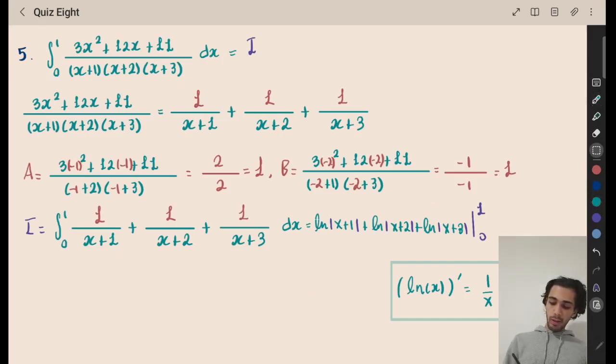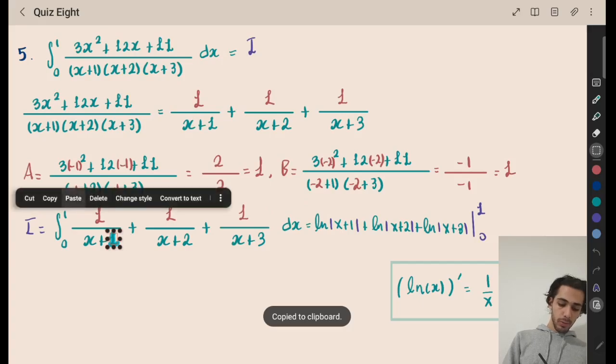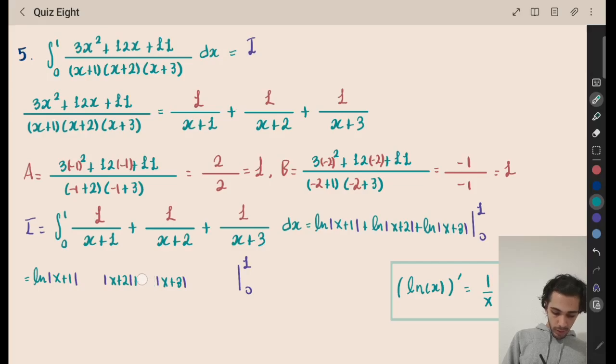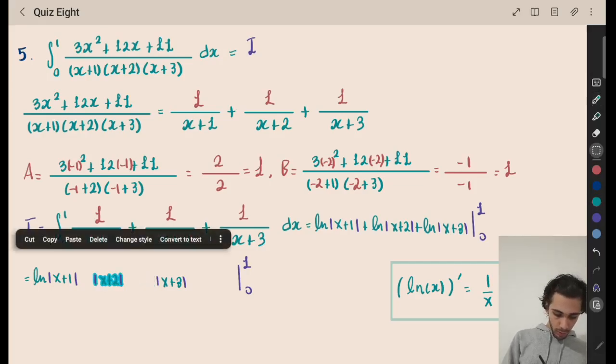Before I apply the boundaries of integration, I would like to make a simplification. So if I am adding ln functions, there is a nice property of ln functions, which says that you can actually just multiply the terms. So ln of x plus 1, ln of x plus 2, ln of x plus 3 would be x plus 1 times x plus 2 in the absolute value times x plus 3 all in the absolute value.